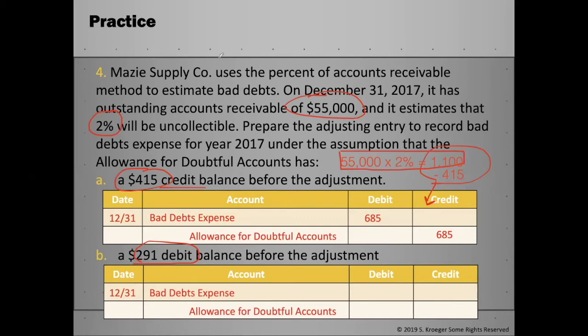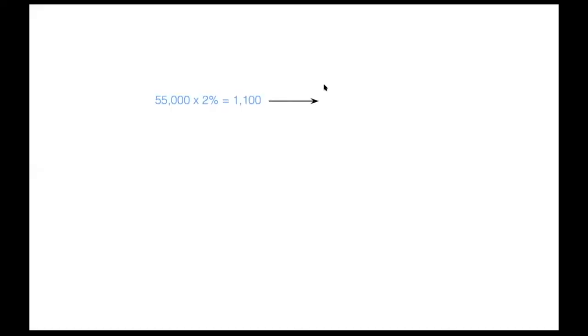We're going to take the 1,100, and because there is a debit balance in this case, we're going to add the two numbers together. 1,100 plus 291, we get 1,391.